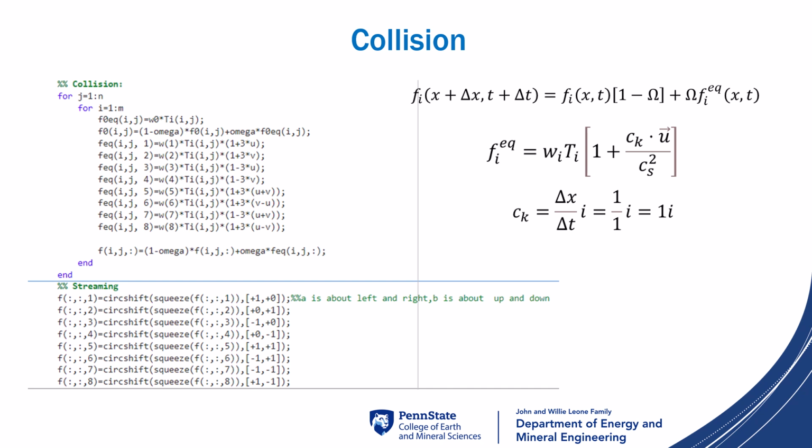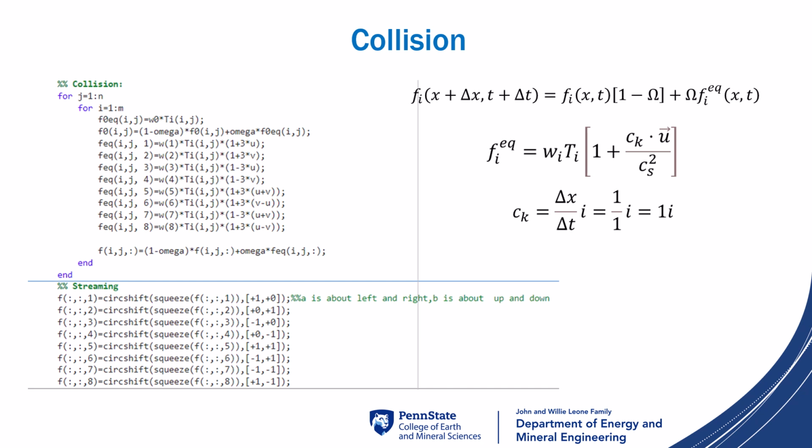The new value of the distribution function equals 1 minus omega times the current value of F plus omega times the equilibrium value of Feq. For example, in the code this is written as F of ij and all directions equals 1 minus omega times F of ij plus omega times Feq of ij.